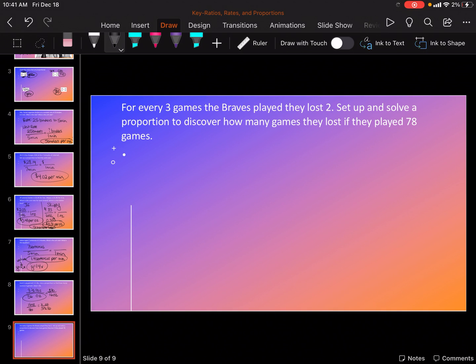For every 3 games the Braves played, they lost 2. Set up and solve a proportion to discover how many games they lost if they played 78 games. Okay, so we're going to set up our proportion of, for every 3 games they played, they lost 2.